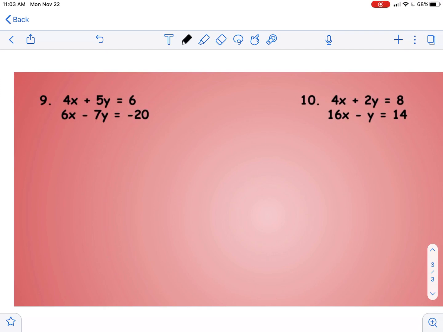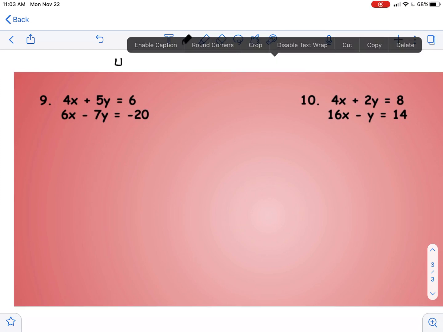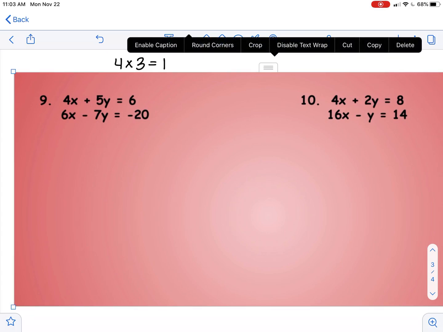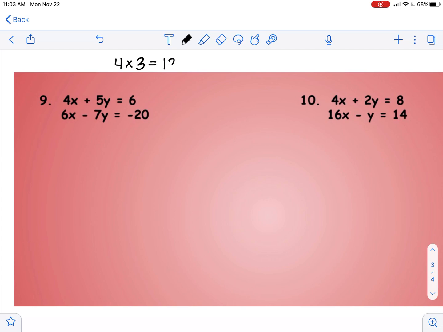So looking at 4 and 6, I think that is going to be the easiest one for me because we know that 4 times 3 equals 12, and that 6 times 2 equals 12. So I can get a 12x in both equations. So that's what I'm going to do.